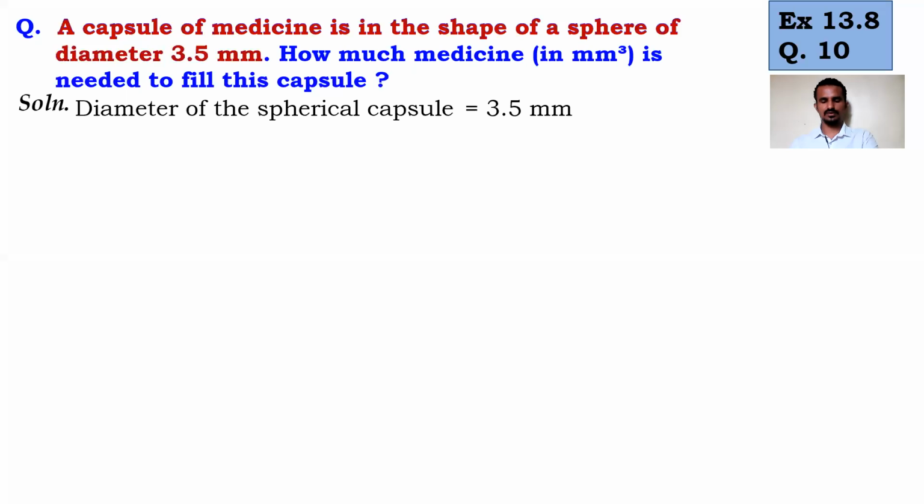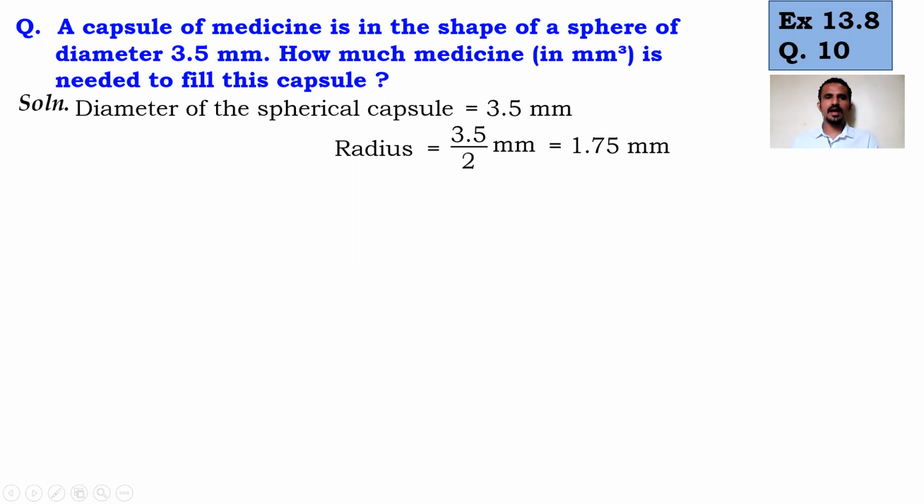Diameter of the spherical capsule is 3.5 millimeters. Therefore, the radius will be 3.5 upon 2 millimeter. That will come as 1.75 millimeter. We'll keep all the dimensions in millimeter only. So radius will be 1.75.